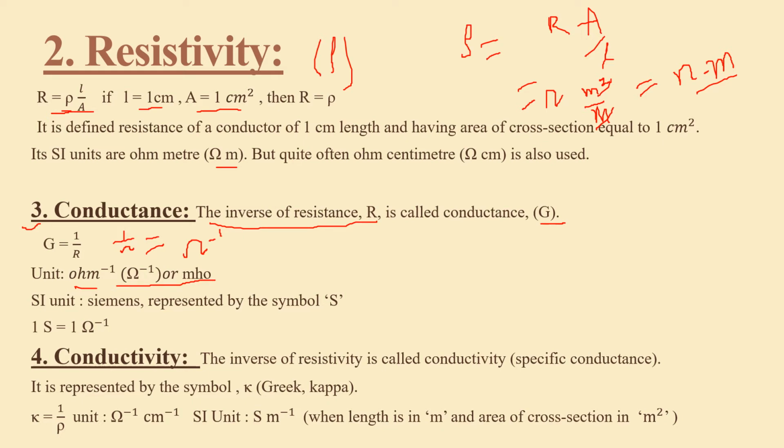SI unit for conductance is Siemens and it is represented by the symbol S. So 1 Siemens equals 1 ohm inverse.